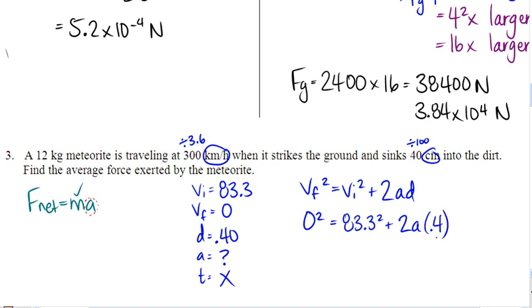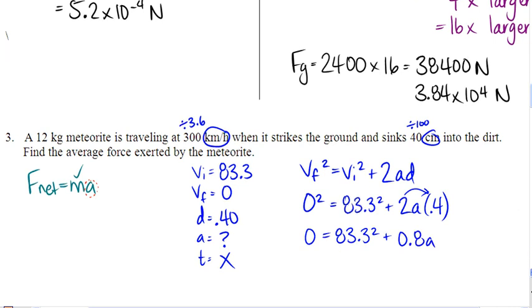There's what it looks like. Remember, we can sort of just multiply over the a there. I'm just going to leave the 83.3 squared for now and just type that into my calculator to make life easy. So that's 0.8 times a.